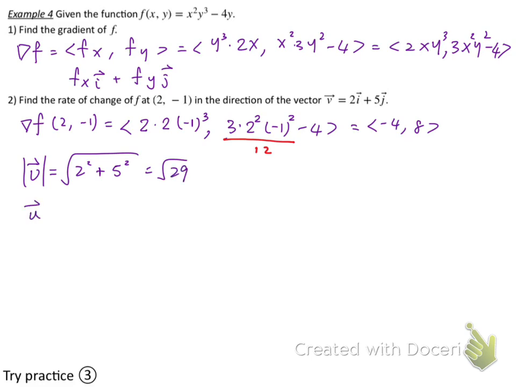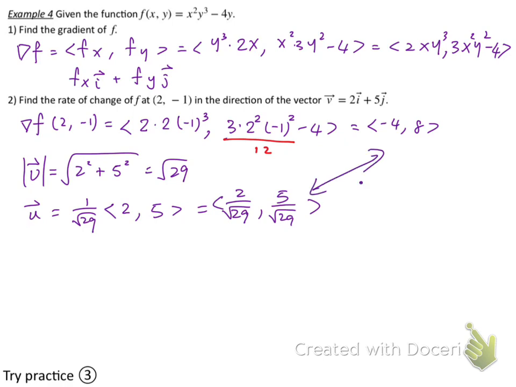Then my vector u, which will be a unit vector in the direction of v, is 1 over square root of 29 times, I want to use angle brackets, 2, 5. So this is 2 over square root of 29, 5 over square root of 29.